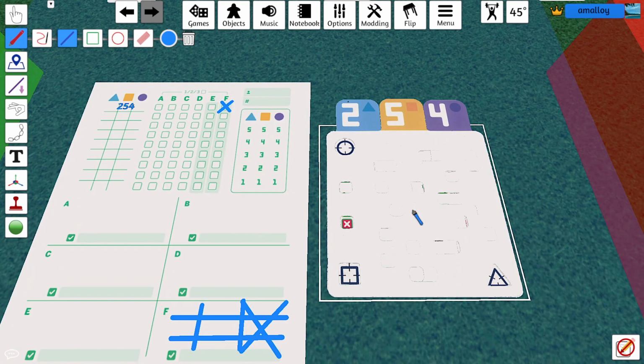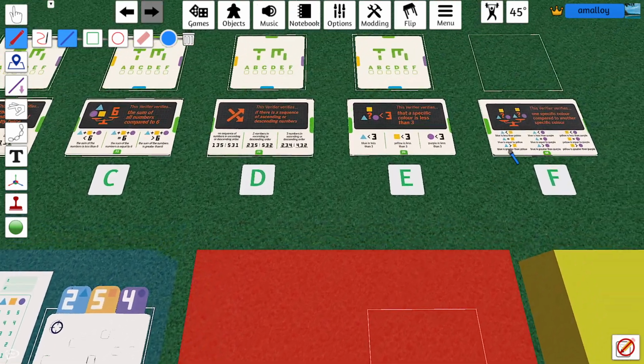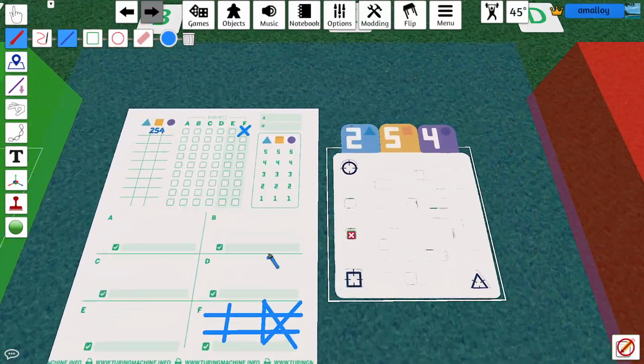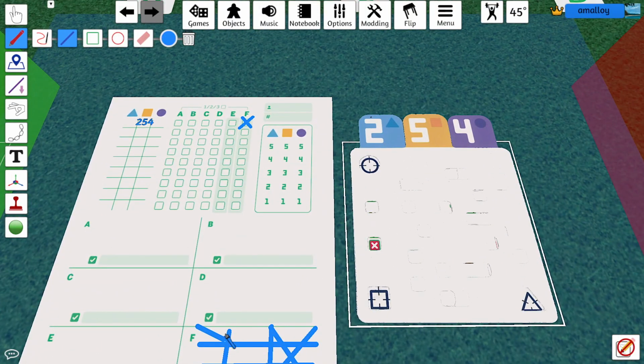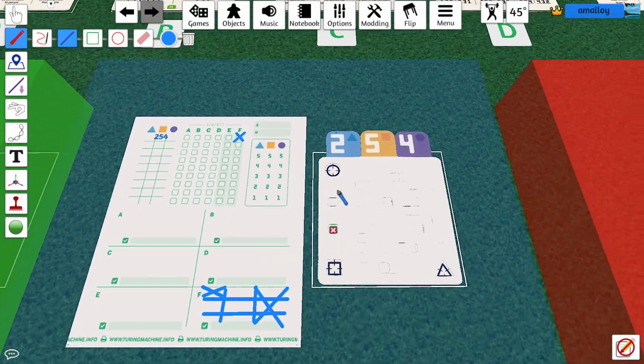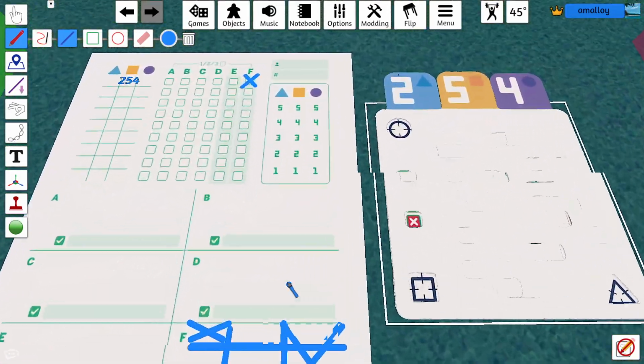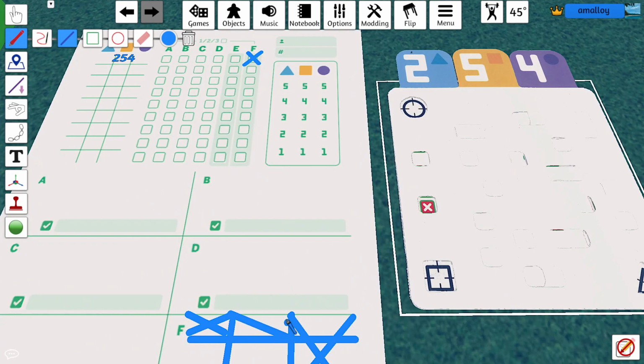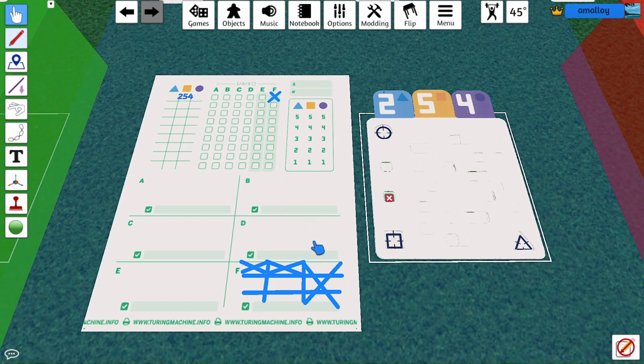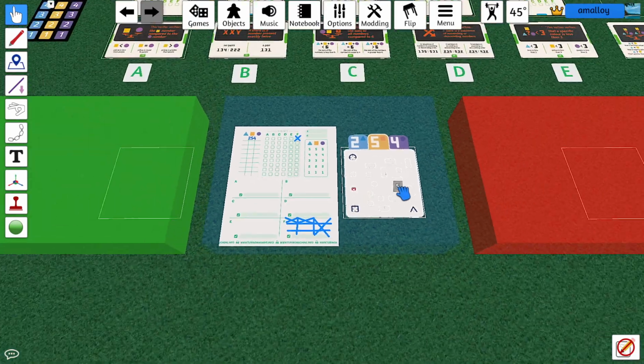It doesn't care that blue is less than yellow, which is the top of column 1, I think? Yes. And it doesn't care that blue is less than purple, which is the top of column 2? Yes. And that's all I got out of that.